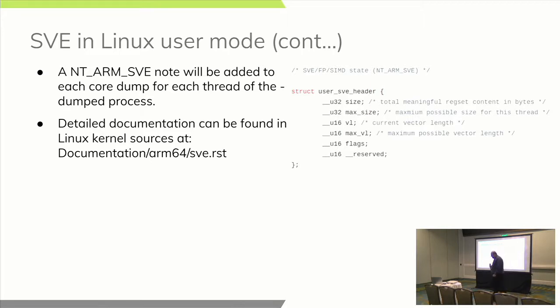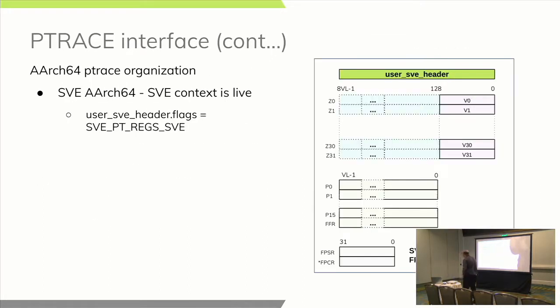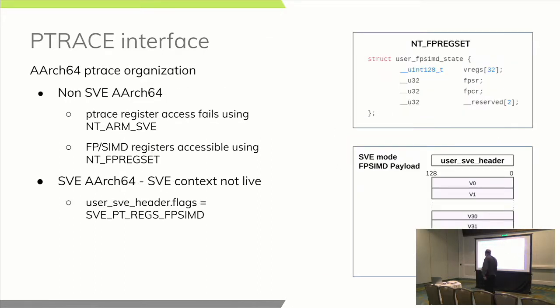Whenever we are reading information out of ptrace, we first read the flags and then decide whether it is a normal AArch64 thread, an SVE thread where registers are live and we have a proper SVE payload, or an SVE thread where they are not live and the payload is just a mirror of a normal FPSIMD payload.